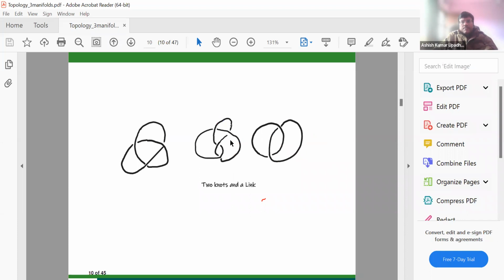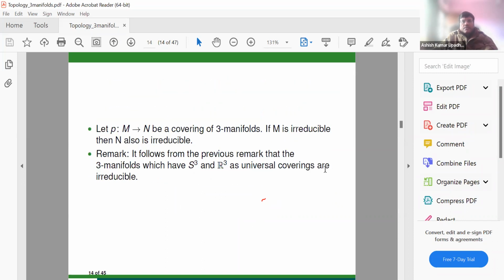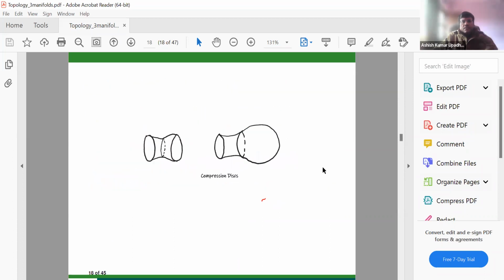You see, the middle knot actually looks like it is written 8. So this is called the figure 8 knot, because it looks like 8. So it was about this knot.